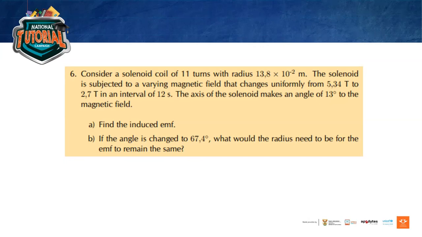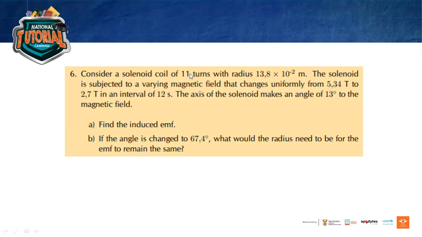So it says here, consider a solenoid coil of 11 turns with the radius of 13.8 times 10 to the power minus 2 meters. The solenoid is subjected to a varying magnetic field that changes uniformly from this one to 2.7 T in an interval of 12 seconds.